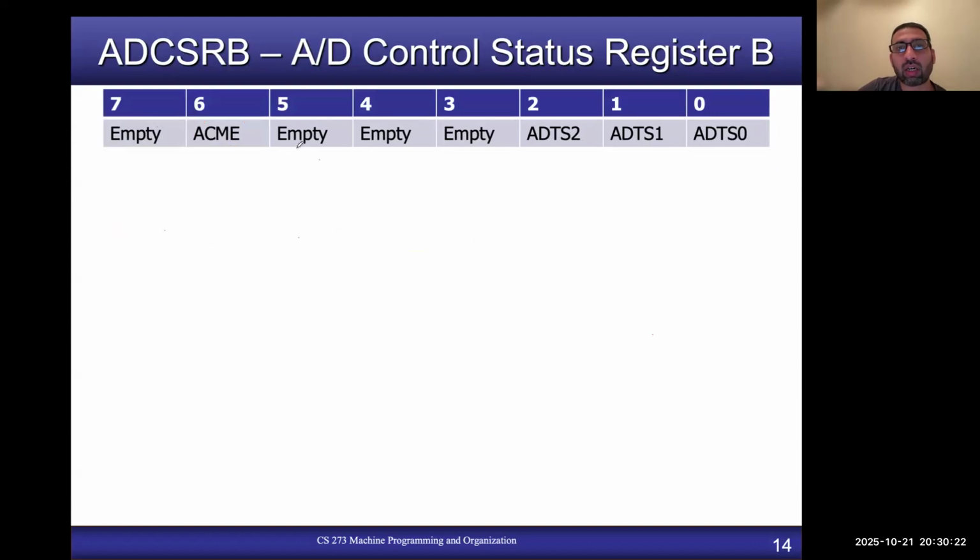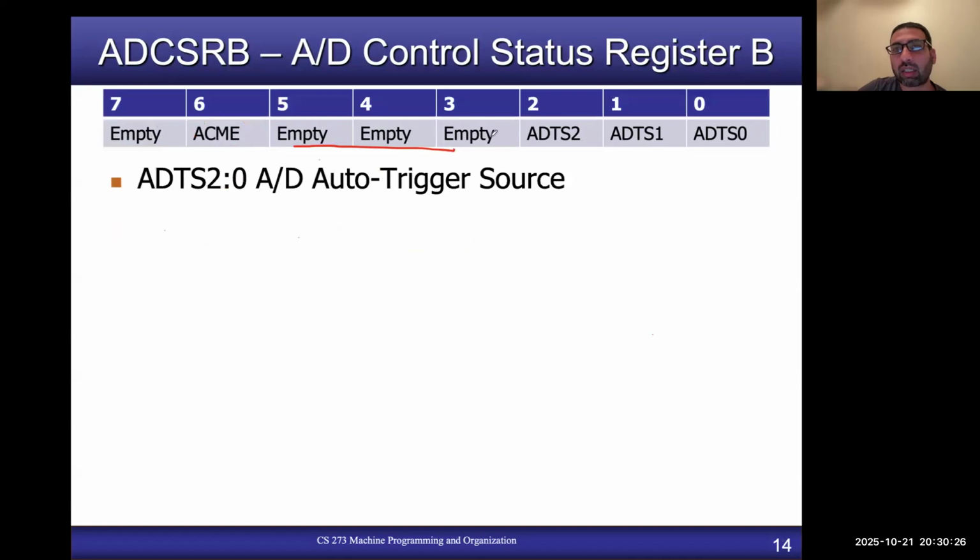Then we are left with bits 5, 4, and 3, which are not used. The last three bits, bits 0, 1, and 2, are used to select the source of the auto trigger. Remember, when we were talking about the ADCSRA register, we said we can select when the new conversion should start.